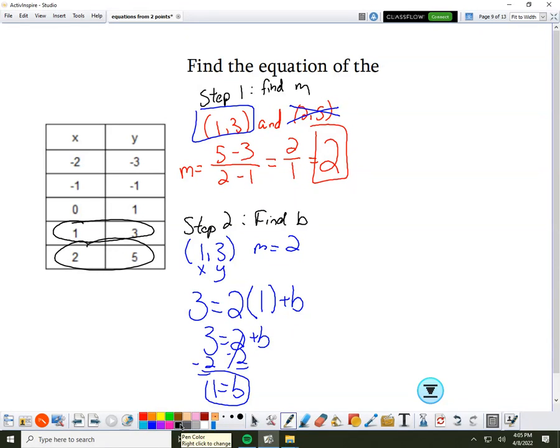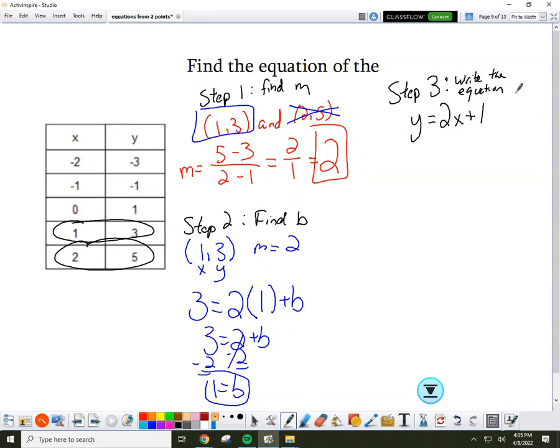So we found our slope, found our y-intercept, so we're ready for step 3. Step 3 is to get our answer. Write the equation. So we know y equals, our m is 2x plus 1.